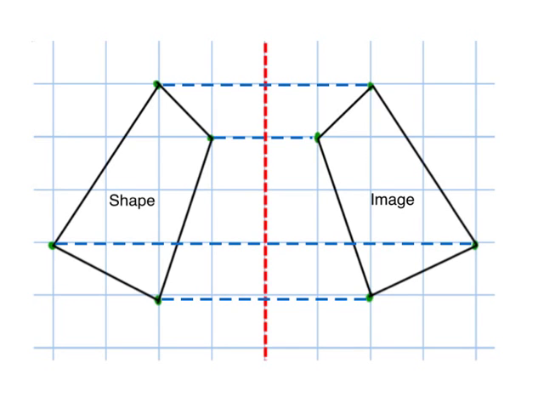So each vertex is the same distance from the line of reflection. So this vertex is 1, 2, 3, 4 spaces to the line of reflection, so its image will be 1, 2, 3, 4 spaces to the right. This vertex up here is 1, 2 squares to the left, so its reflected image is going to be 1, 2 to the right.